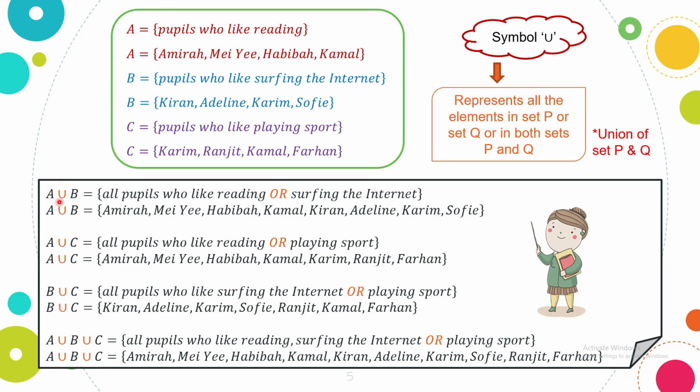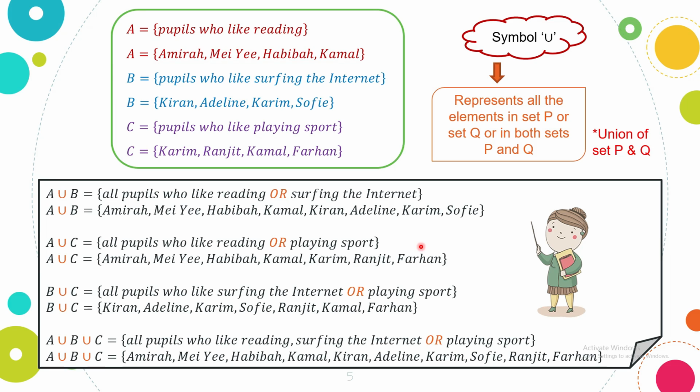Okay, and then A union C: all pupils who like reading or playing sport. We combine all of the elements in set A and set C. This will be the elements of A union C, which is Amira, Mei, Habibah, Kamal, Karim, Ranjit, Farhan.